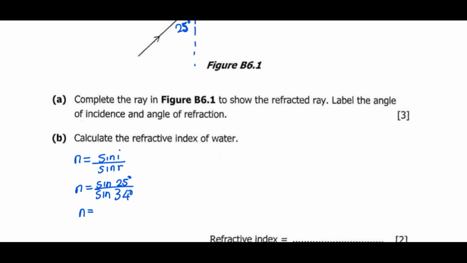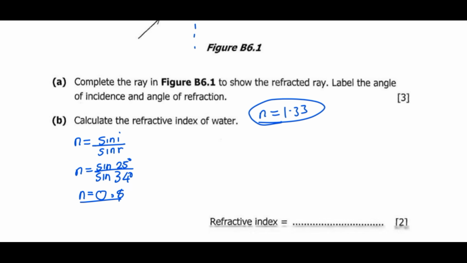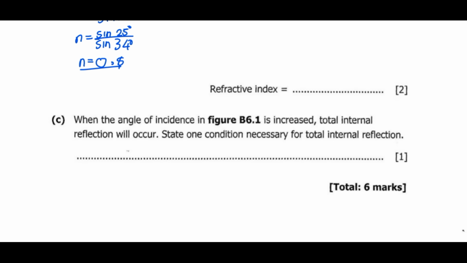So we'll say sin 25 divided by sin 34. So I'm getting 0.8 if I round it off. Now the refractive index of water is 1.33. Okay, but we are getting this according to the data that we have. So that's our answer, 0.8. Then we move on to question C.